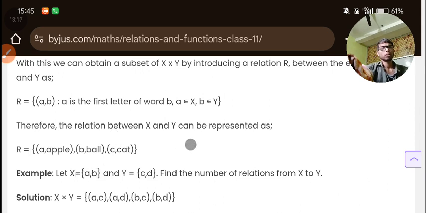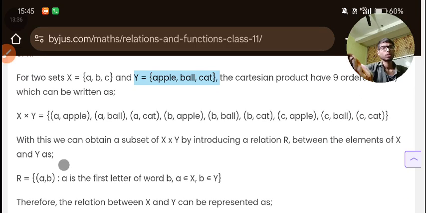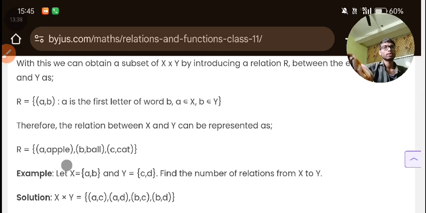Therefore, the relation between x and y can be represented as R is equal to this set. In this set we have the coordinates a comma apple, then b comma ball, c comma cat.